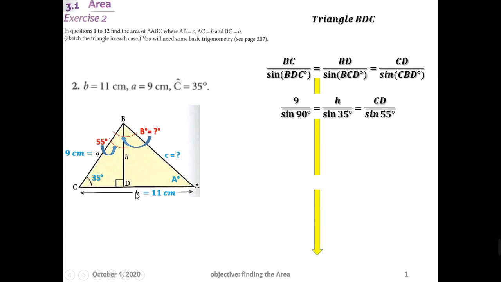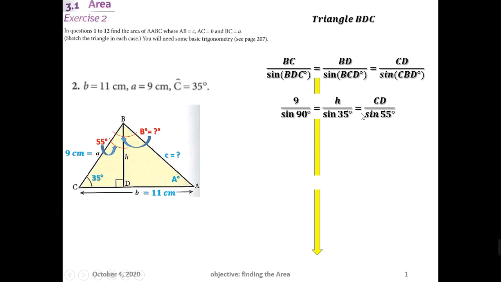So here we go. BC is equal to 9 over the opposite angle to side BC, which is 90. So sine of 90 is equal to BD, which is H. So we place BD with H over the opposite angle to side BD or side H, which is the 35.